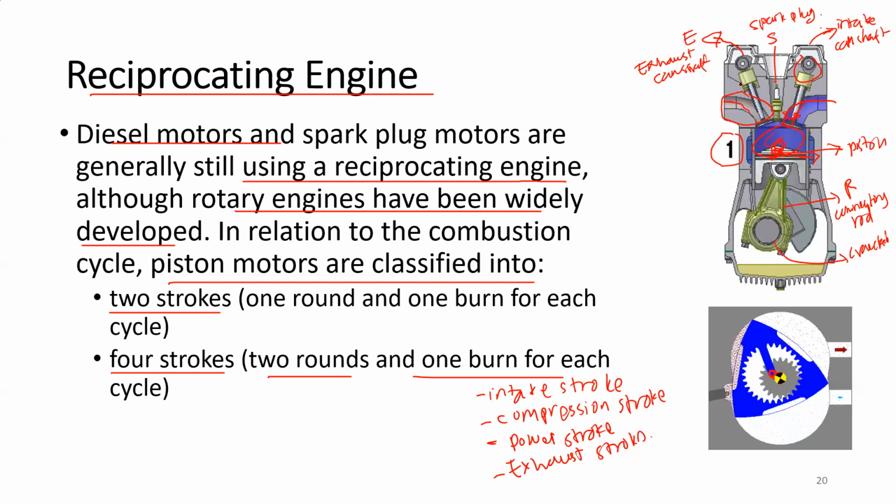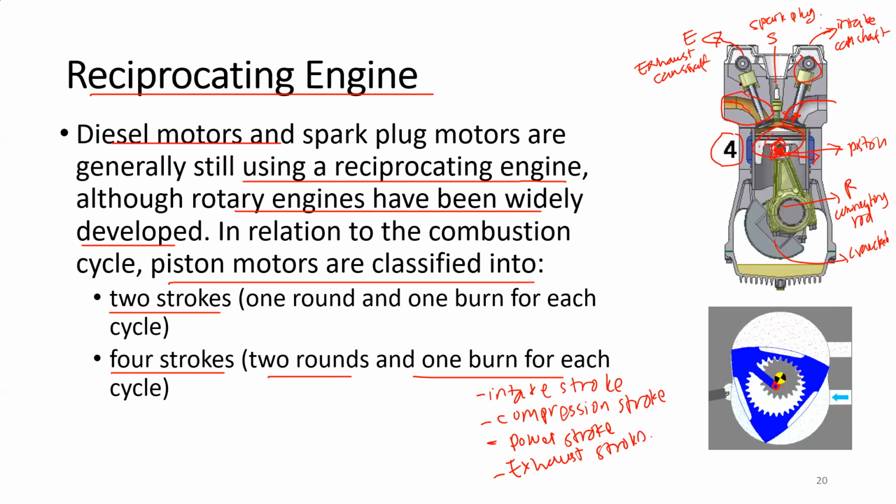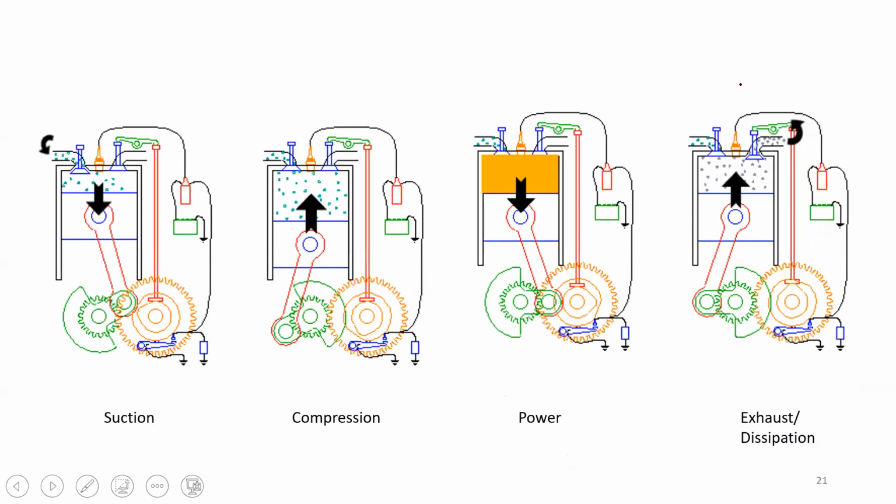Hopefully Pamiki already explained the difference between the four-stroke and two-stroke. Maybe I'll try to give you a general explanation of the difference later on. So this is the main concept, consisting of 4 steps. The first one we call suction, and the second one we call the compression stroke.